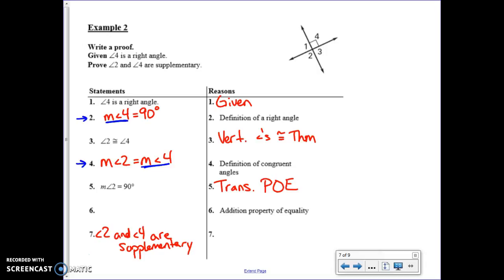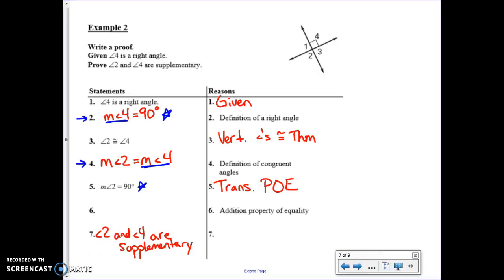Okay, so then if I know that the measure of angle 2 is 90 degrees, and I know the measure of angle 4 is 90 degrees, it's telling me my reason is the addition property of equality.